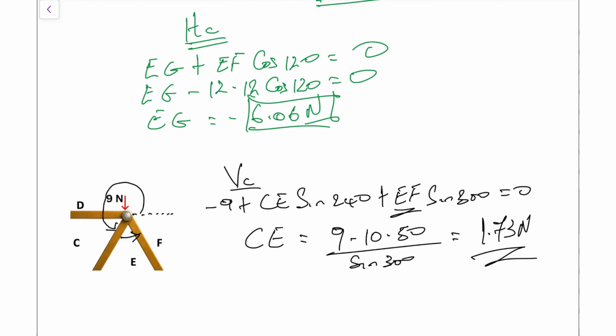So that's it. We have all our members analyzed. We have the force that's going through the members, and if the answer is positive, we already know that that member is in tension. And if the answer is negative, we know that the member is a compressive member.